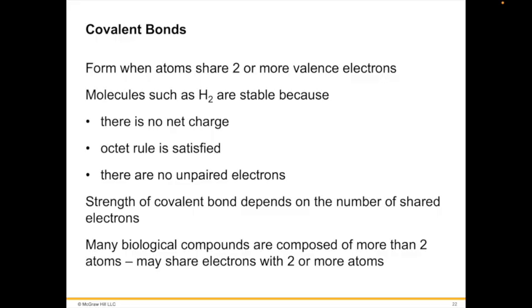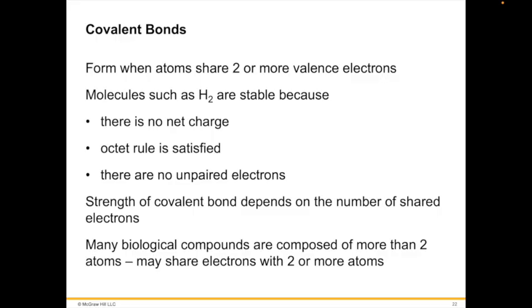The molecule formed by the two hydrogen atoms is stable for three reasons. It has no net charge, the octet rule is satisfied, and it has no unpaired electrons. Unlike ionic bonds, covalent bonds are formed between two individual atoms, giving rise to true discrete molecules.